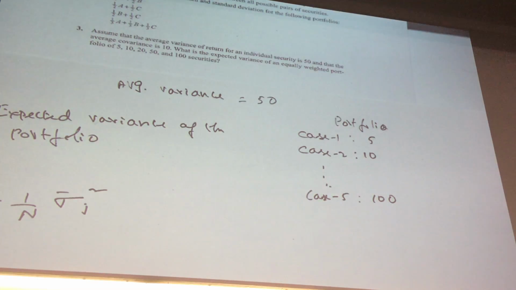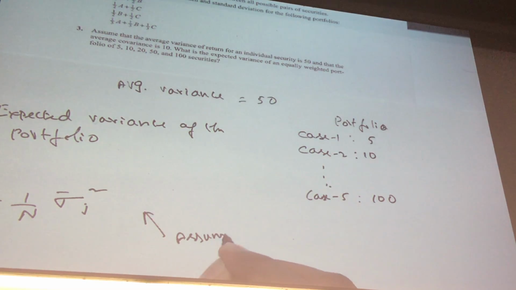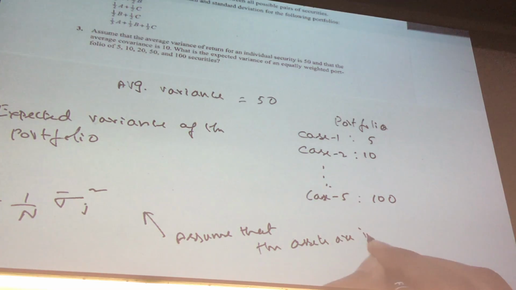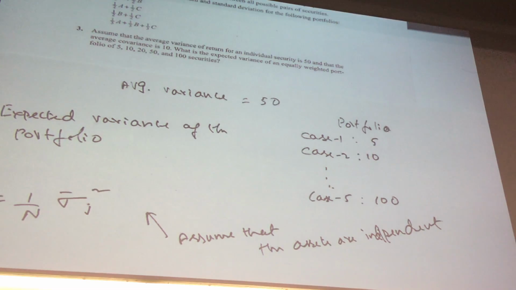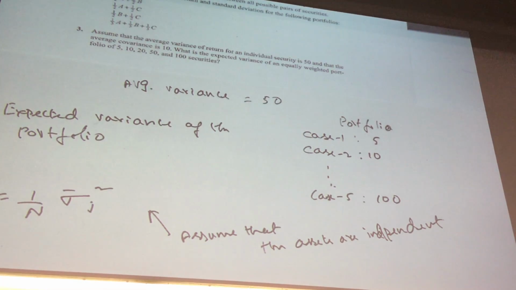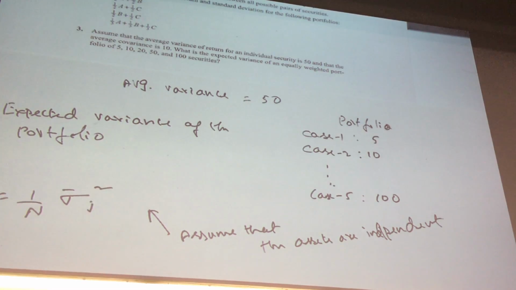But here, remember that we assumed that the assets are independent while deriving the formula. If assets are not independent, then this formula would take the following form.